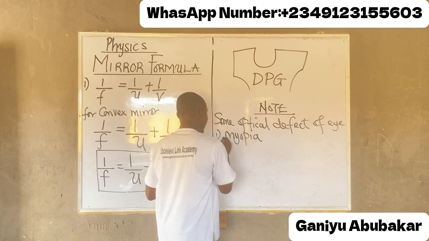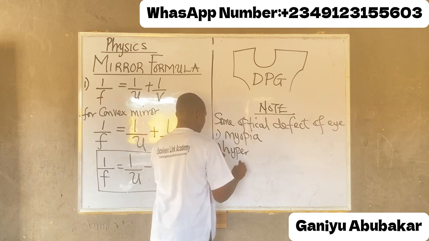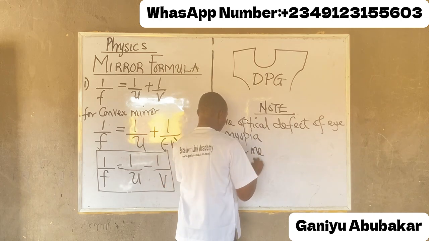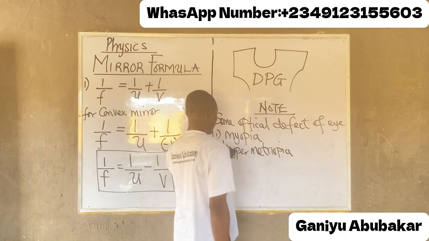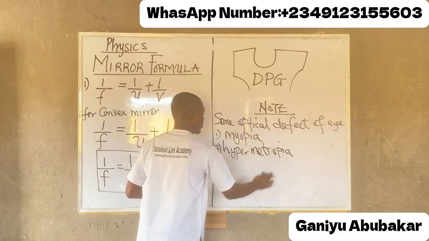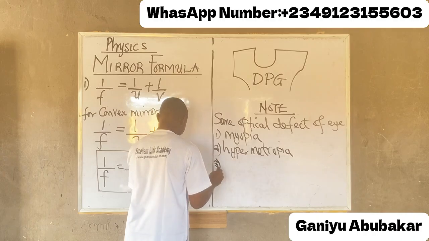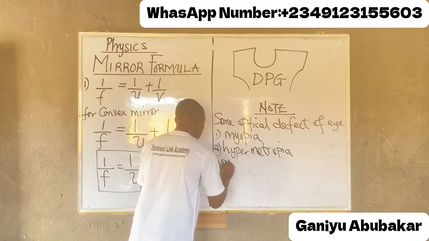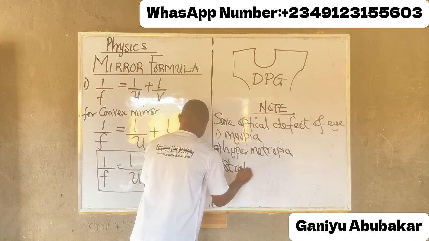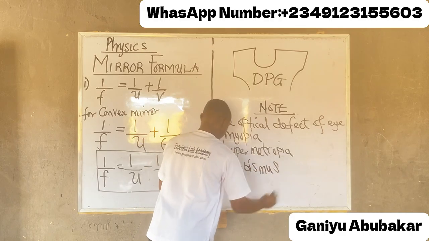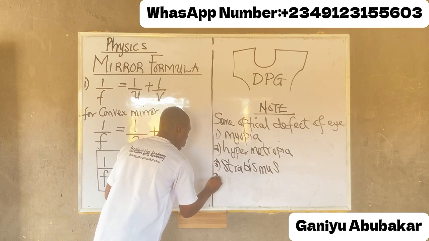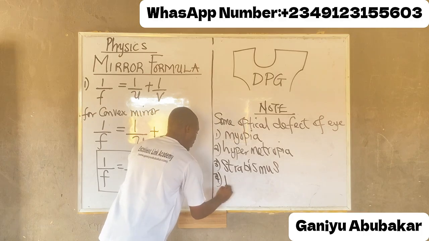Number two, hypermetropia. Number three, strabismus.